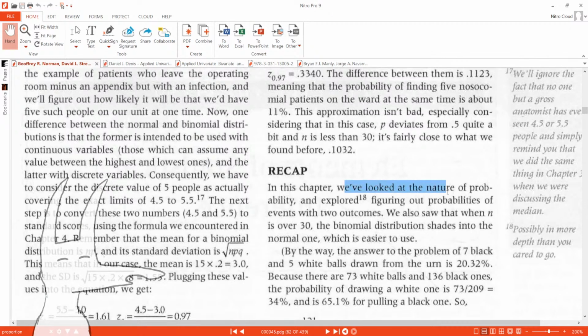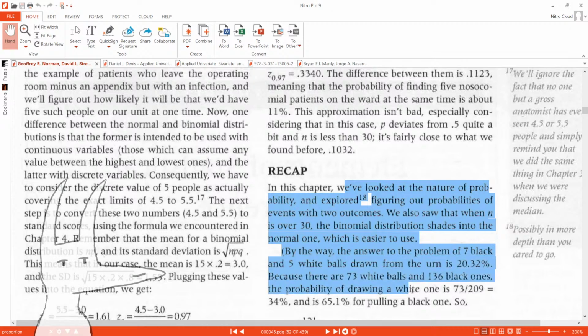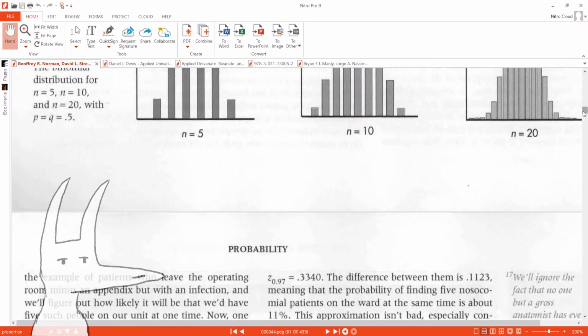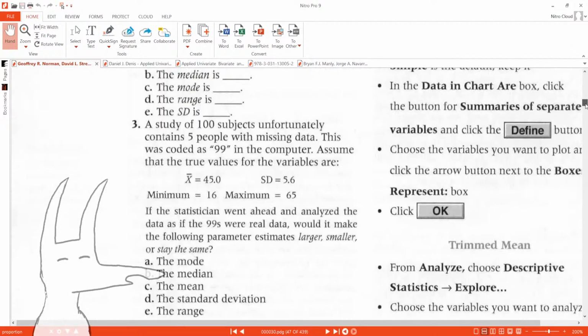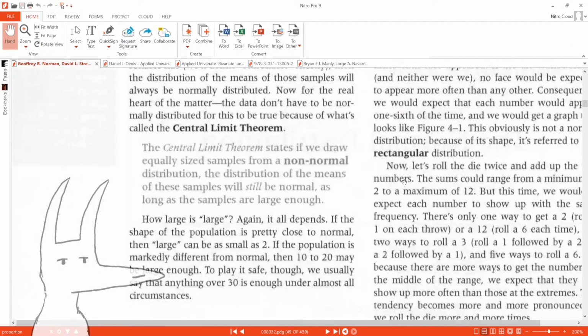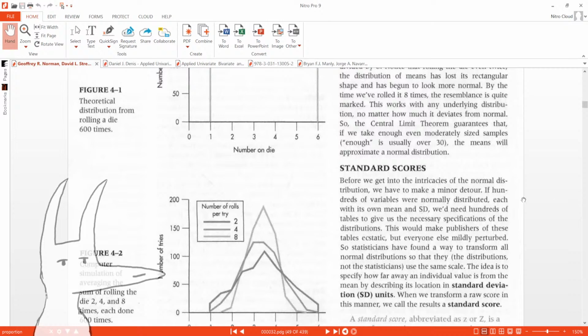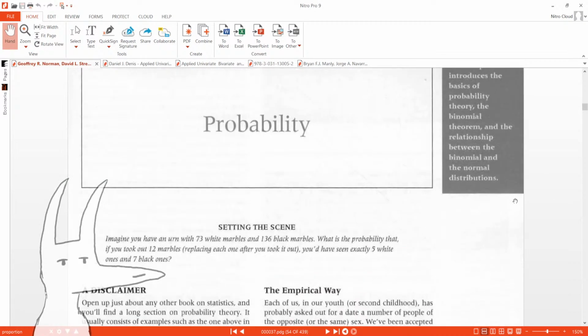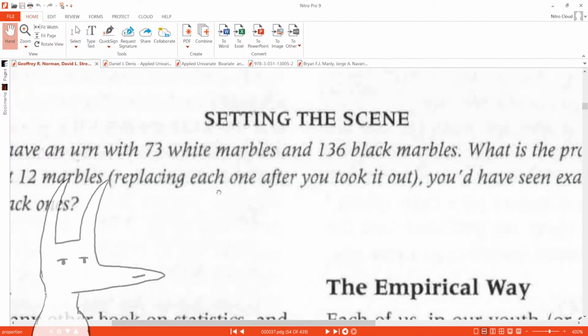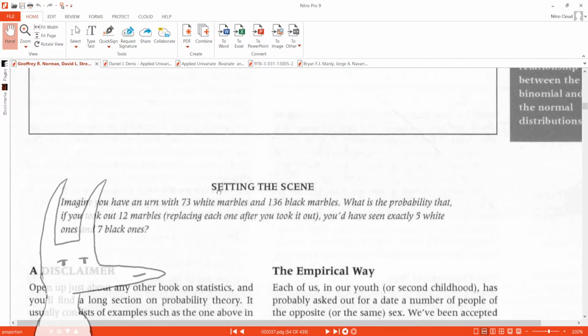Recap. In this chapter, we've looked at the nature of probabilities and explored figuring out... Okay, I just skimmed through that, but let's figure this one out on our own.